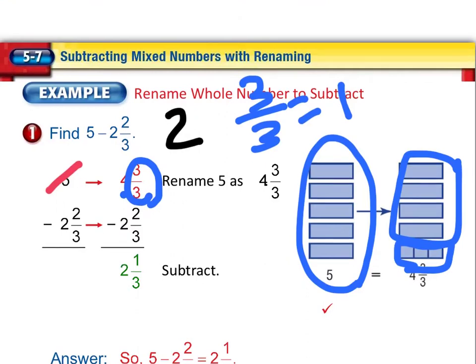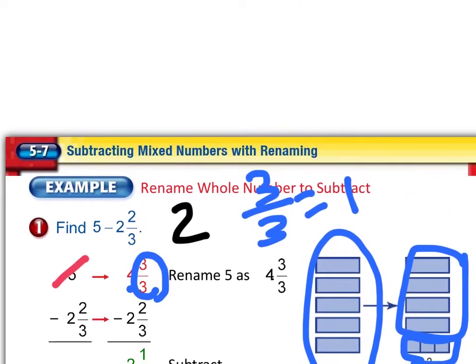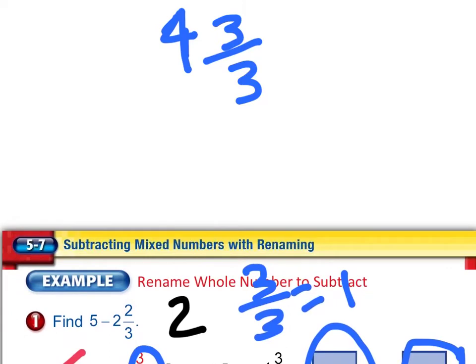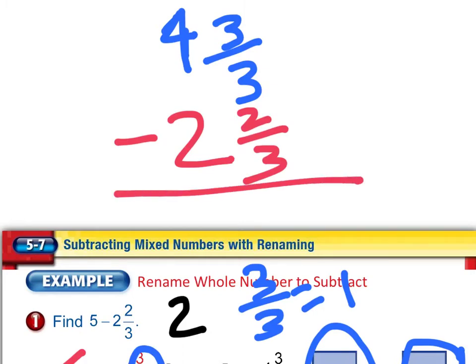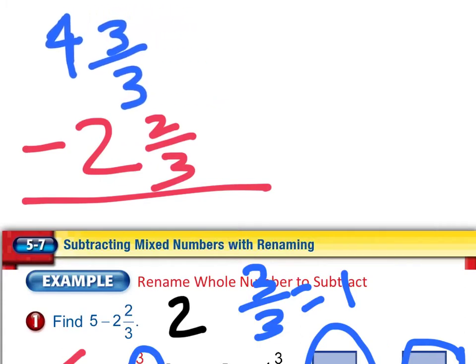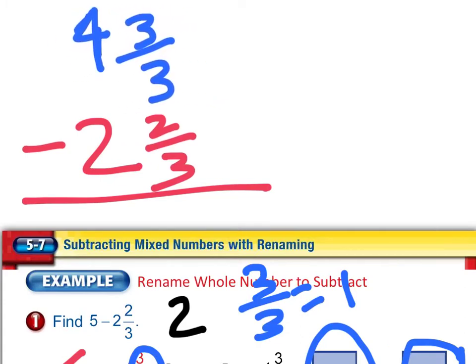I'm going to pull our screen down a little bit so we have some more room to write at the top. So, the fraction we're looking at subtracting now is really 4 and 3/3 minus 2 and 2/3. Now I have a little more room to think about this and work this out.